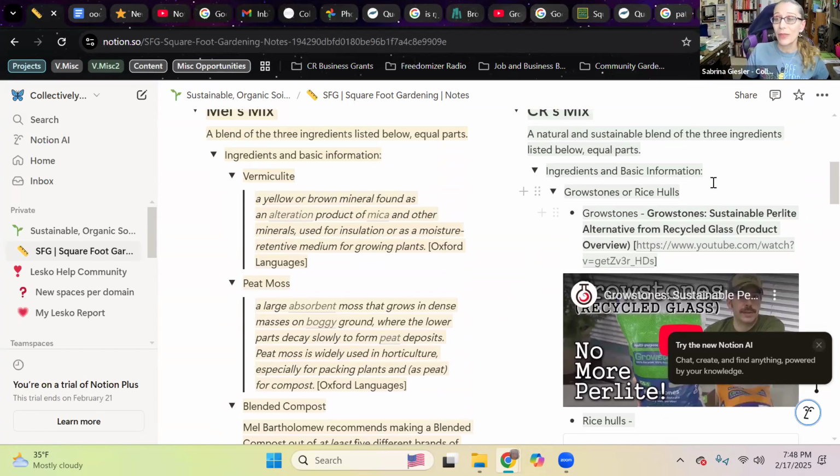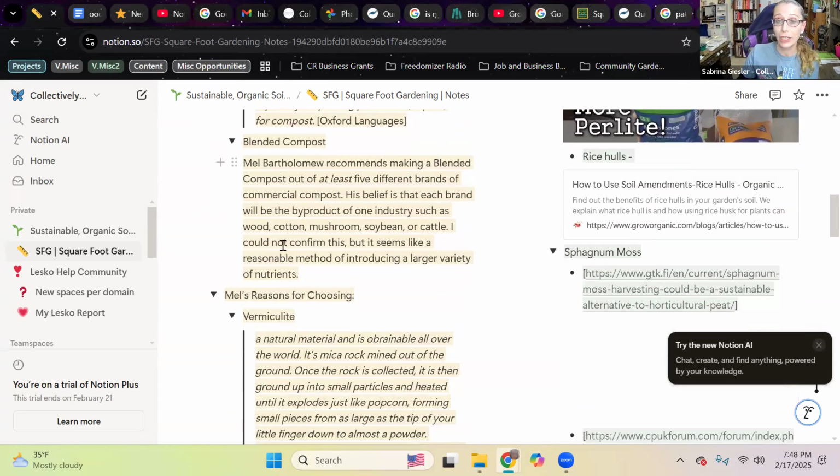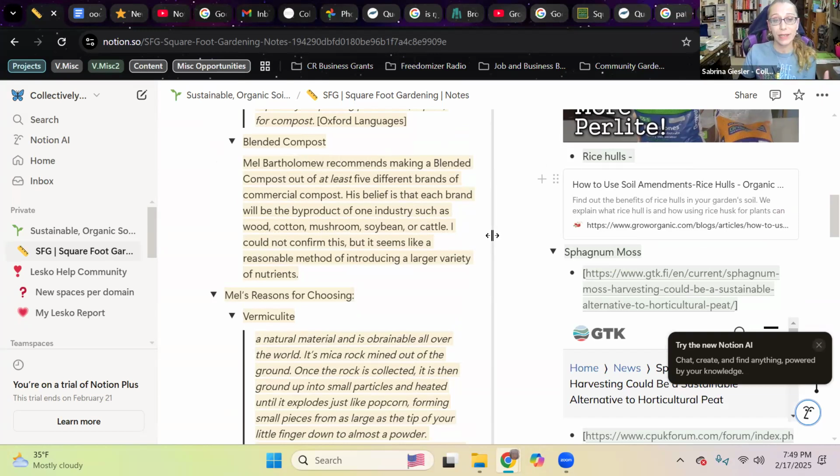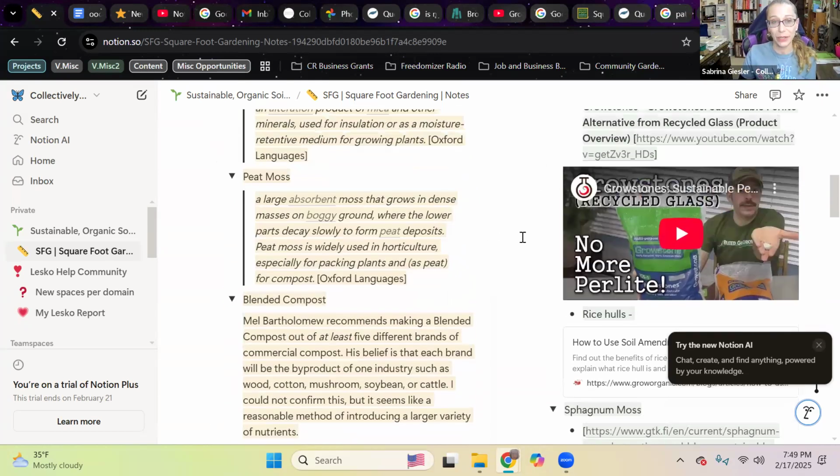Also, rice hulls, those are the seed casings, the casing that is around the actual rice that we eat, all right? And that has no value to the industry, but it's one of those things like in Mel's mix when he talks about compost being typically from some sort of waste industry, such as wood, cotton, mushrooms, you know, all of these different industries have waste material.